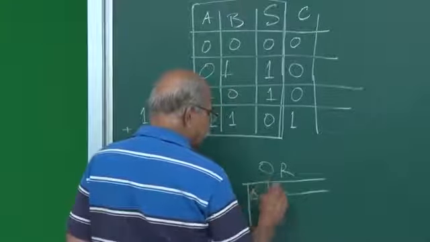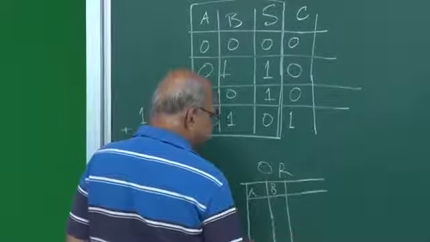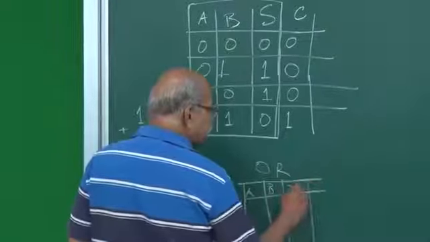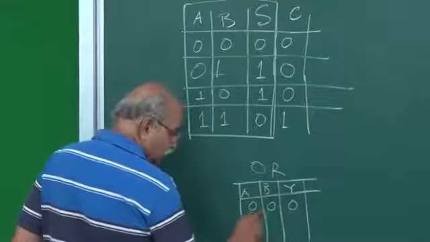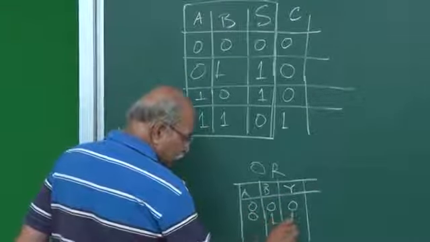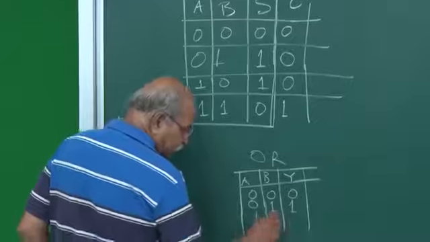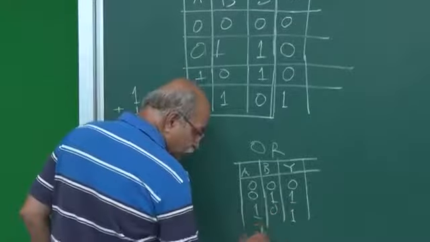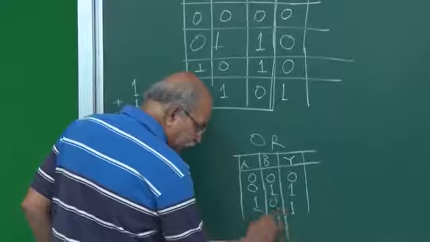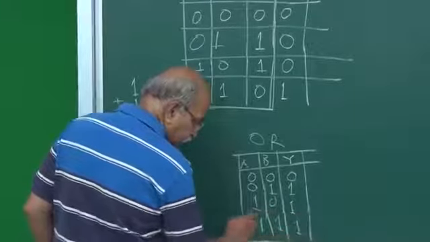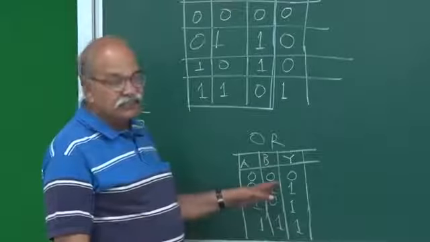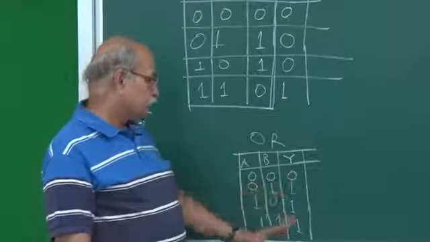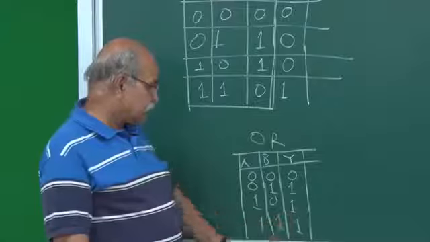A, B and then Y. So, OR we said that 0 0 is 0, 0 1 is 1, then 1 0 is 1 and 1 1 is also 1. That is our OR gate. At least one of them is 1, then this is 1. Both of them are 1, then also it is 1.